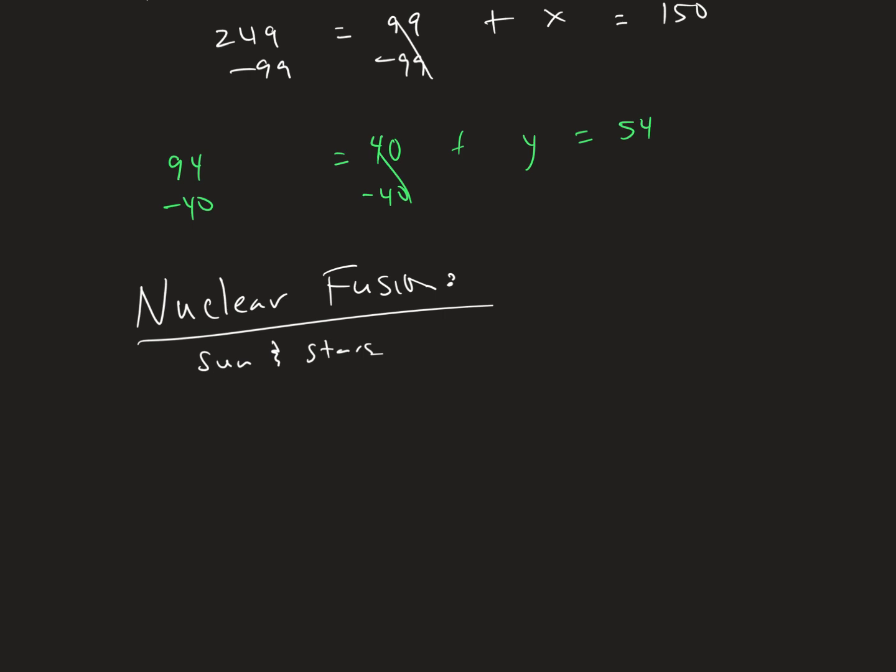gravity. Anyway, fusion comes from the sun and stars. This is when we have two smaller nuclei that fuse, that's why we call it fusion, into one larger nucleus.